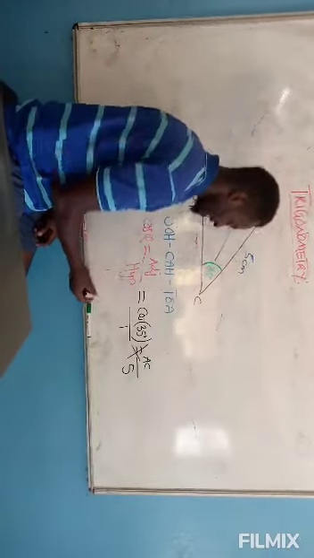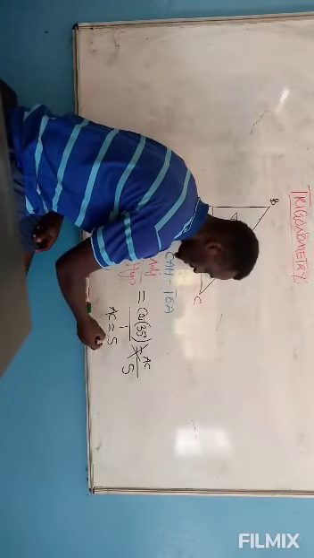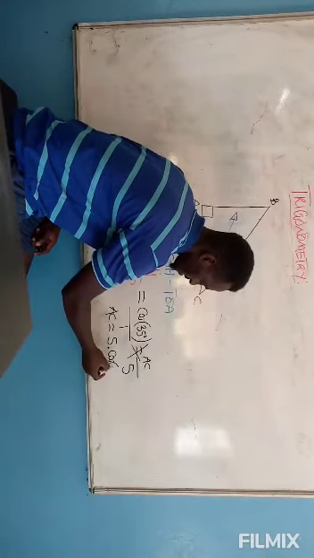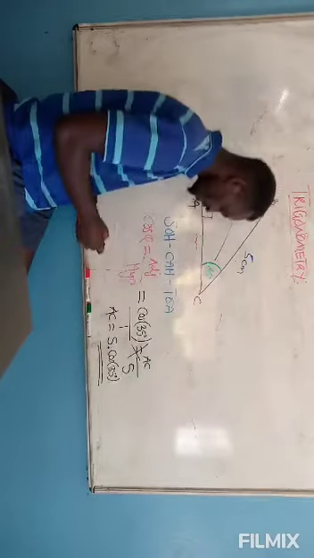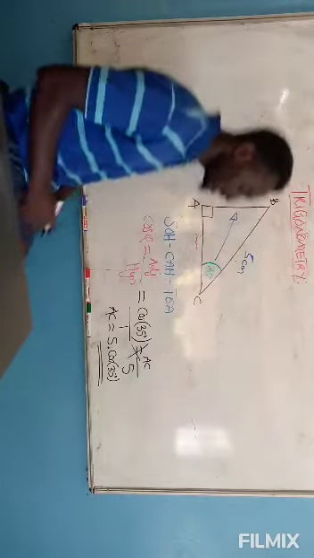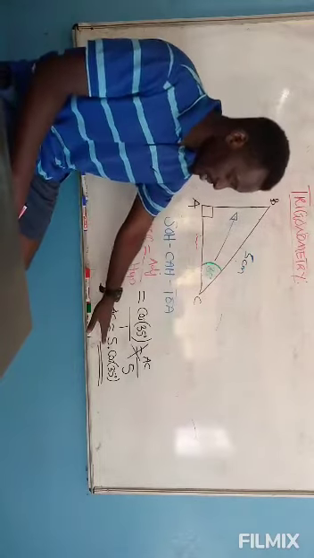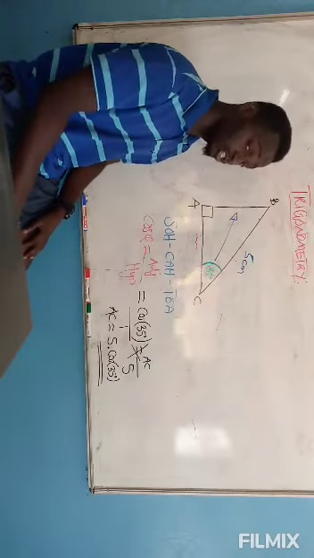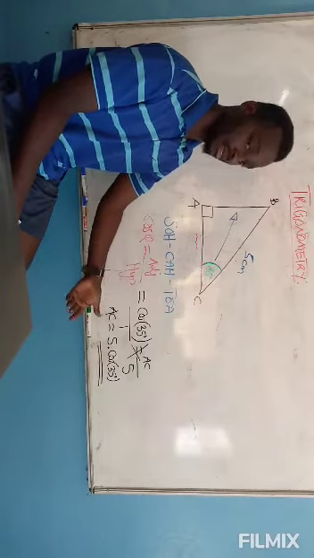Hence, I will get AC is equal to 5 multiplied by cos 35 degrees. In your exam, I don't want you to leave your answer here. I want you to finish it by multiplying 5 by cos 35.